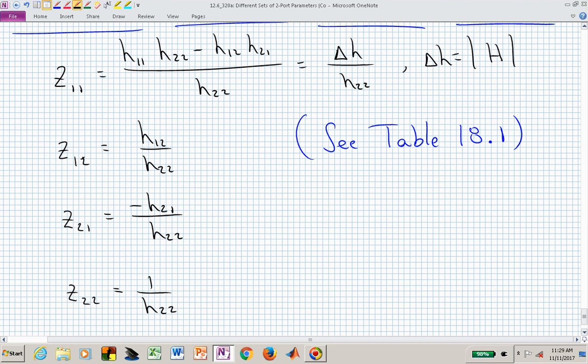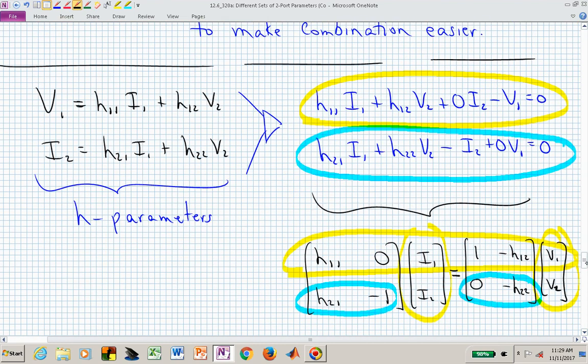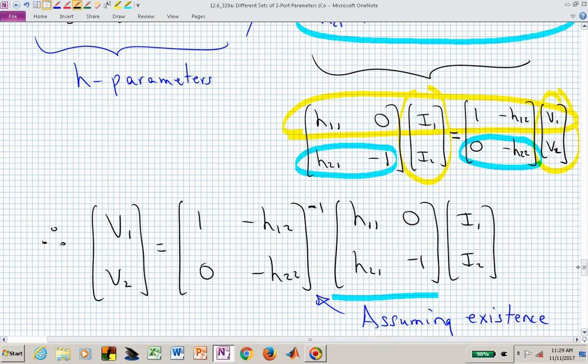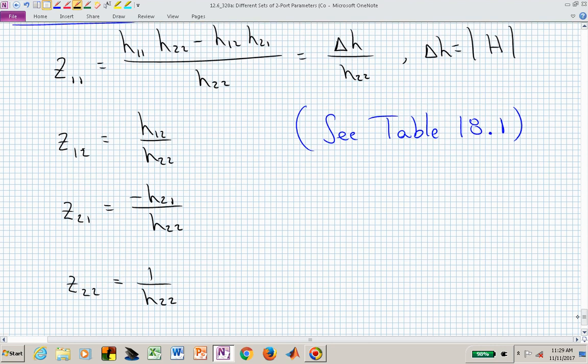And that's now the beauty of allowing us to convert between one set of 2 port parameters into another set, and this process can be followed starting with G parameters, with transmission parameters, etc., to determine some set of parameters in terms of another set. And that's how these different conversion tables can be derived. And we have simply shown one way to re-express the z parameters in terms of h parameters in this little video.